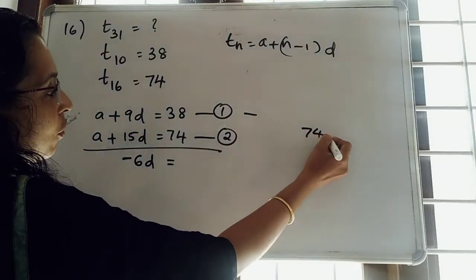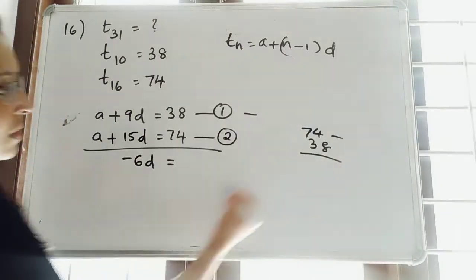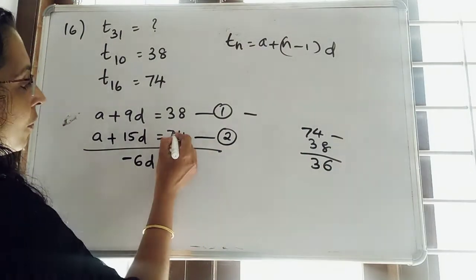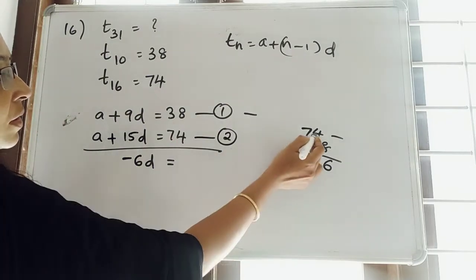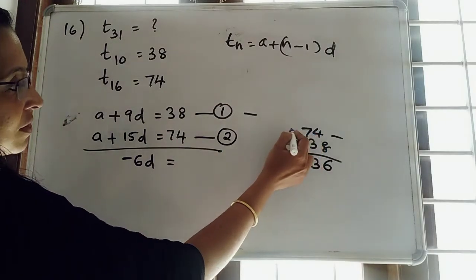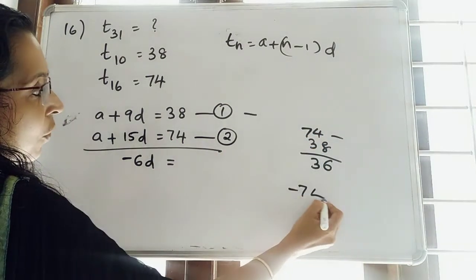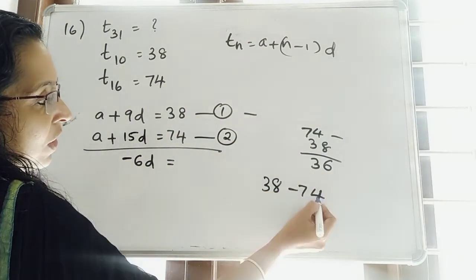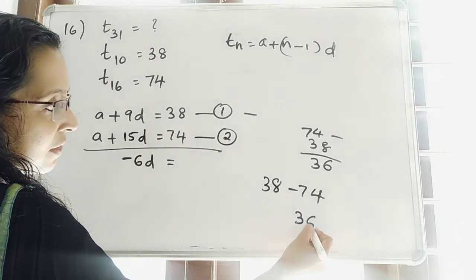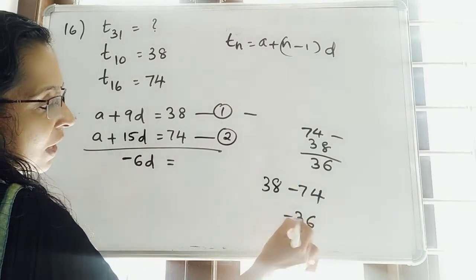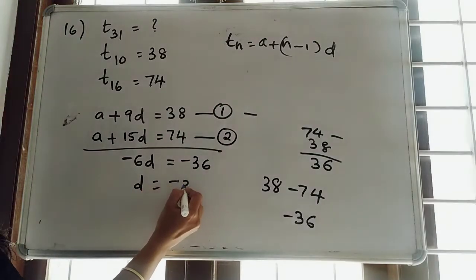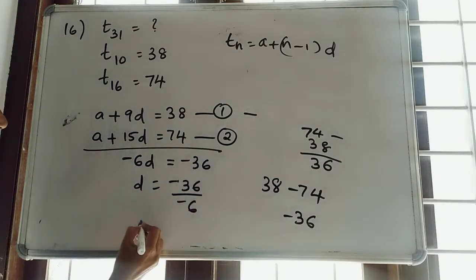So 74 minus 38 we can do first, it will be 36. The sign of 74 is negative, so we can write it as negative 36. So D is equal to negative 36 divided by negative 6. So D is equal to 6.